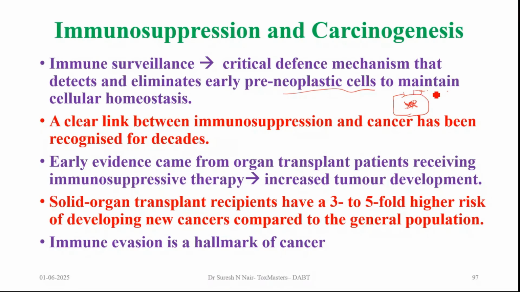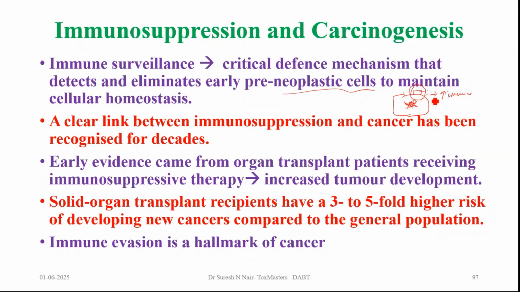The body will recognize it as a foreign cell inside the body, and this foreign or mutated surface protein can activate the immune response, especially T cell mediated immunity. So the T cells will be activated, the complement system will be activated, the antigen presenting cells (APCs) will be activated, and the cells will be destroyed.